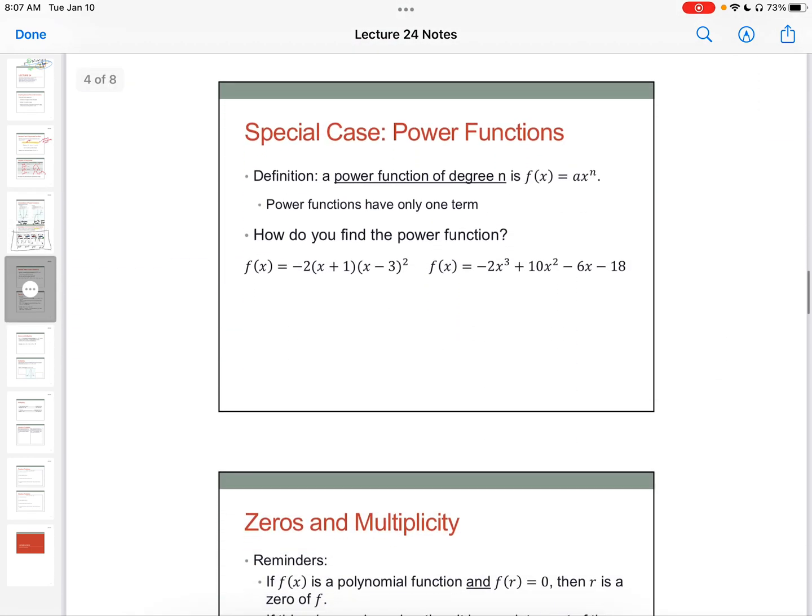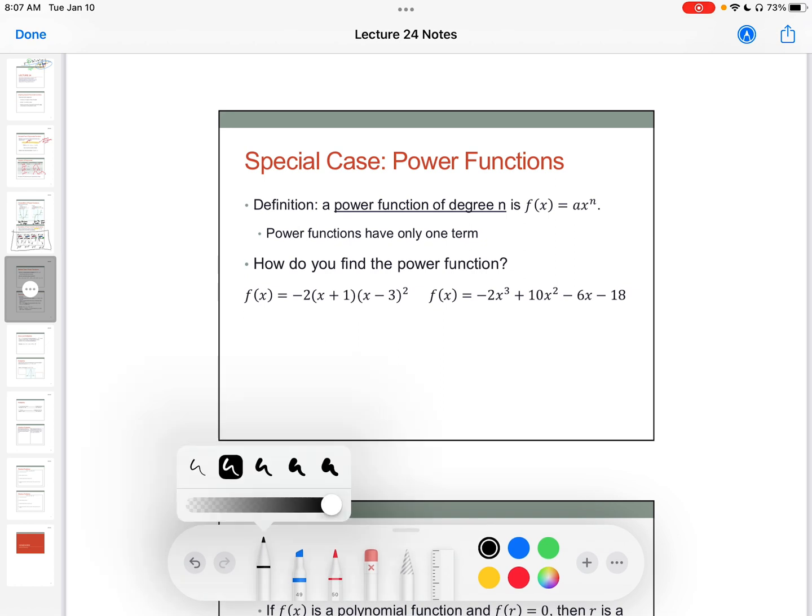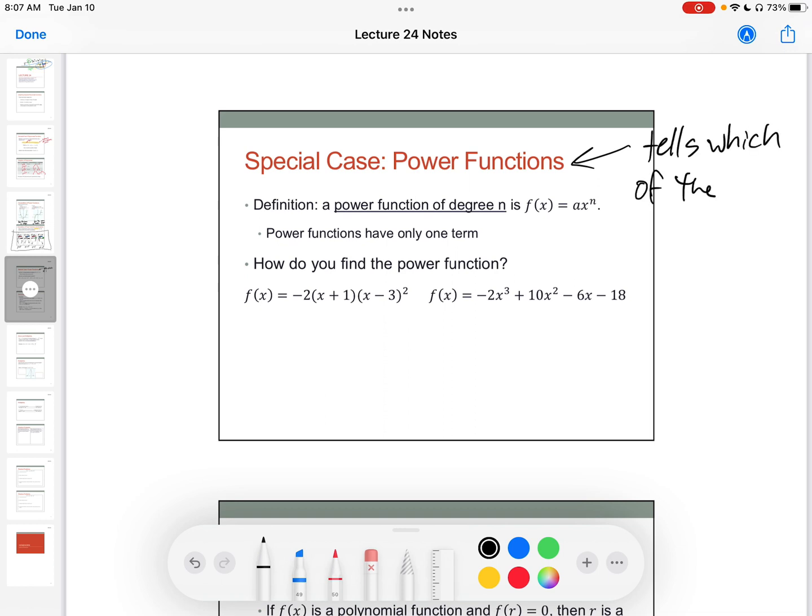Now, one more thing that I want to talk about, and then we will stop this video. I know it's a little bit of a longer one. But the power function is what tells you what the end behavior is going to be. So this power function here that we're talking about tells which of the 4 end behaviors you use. Now there are 2 different ways that the power function can show up. The first way is that if everything is multiplied out, the power function is just this first term.